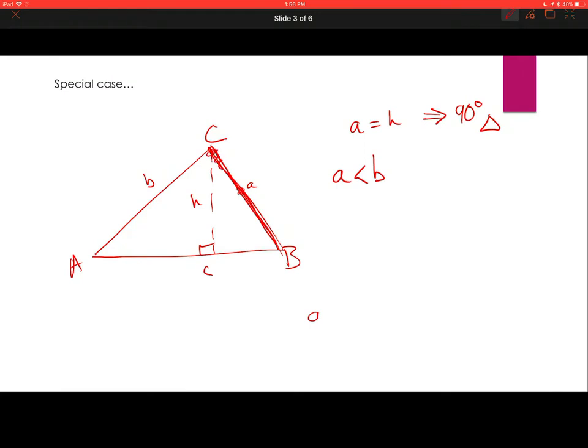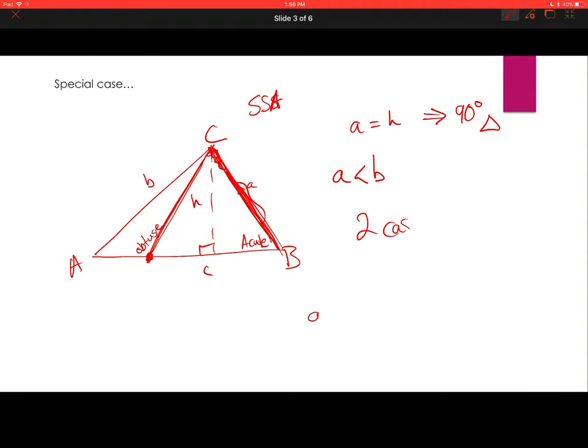You can just use sine, cosine, and tangent to solve it. If, though, your A value is smaller than your B value, so this side next to it, this is why the SSA doesn't work. SSA can't work in this case because you could have two possibilities. You could have that length here with an acute angle, or you could have that same length over here with an obtuse angle.